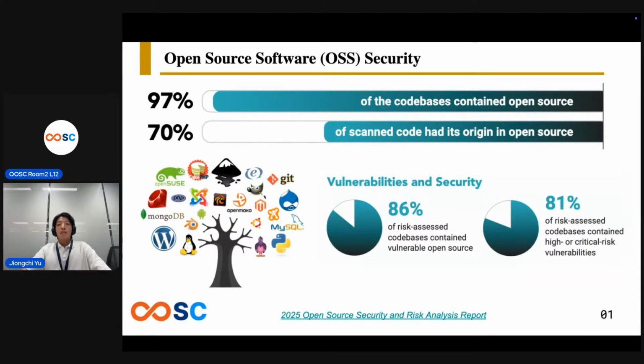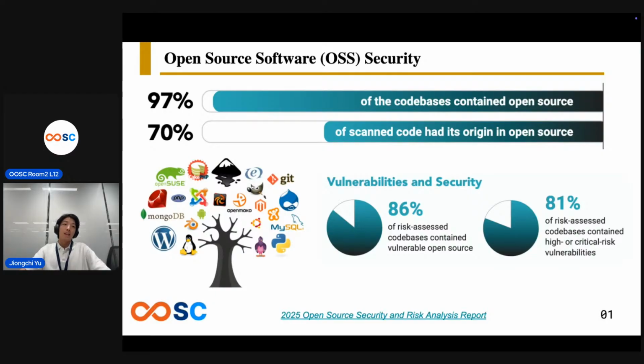First, let's take an overview of open source software security. This is according to a recent study and report from the Open Source Security and Risk Analysis. We can see that nowadays almost all the software and code we write contains contributions or functionalities of open source software.